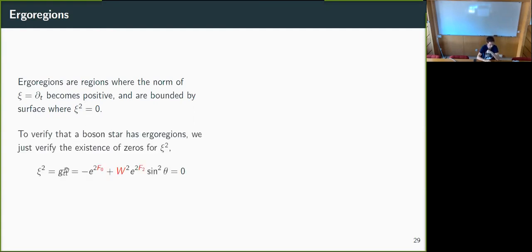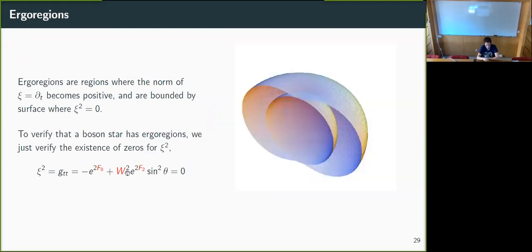In our case, this is just basically the g_tt part of the metric going to 0. This defines the ergo surface. As shown by Professor Herdeiro, this is the ergo surface for a Kerr solution. So this sphere here is the event horizon, and outside is the ergo surface.